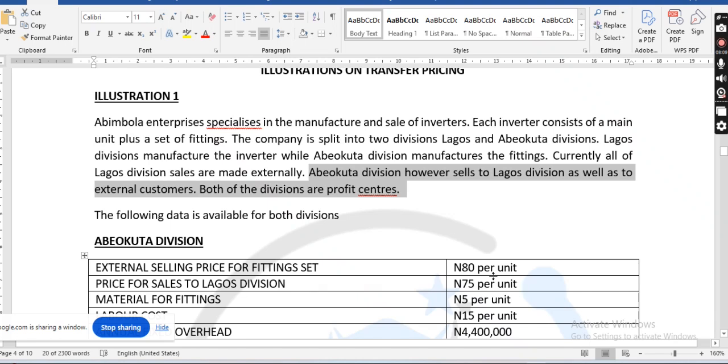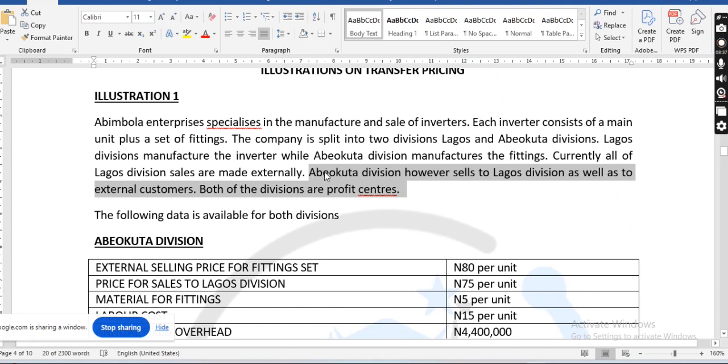Because Lagos will manufacture the inverter, and without the fittings, the inverter may not exist. So Abeokuta division will sell to Lagos and externally, as a profit center.